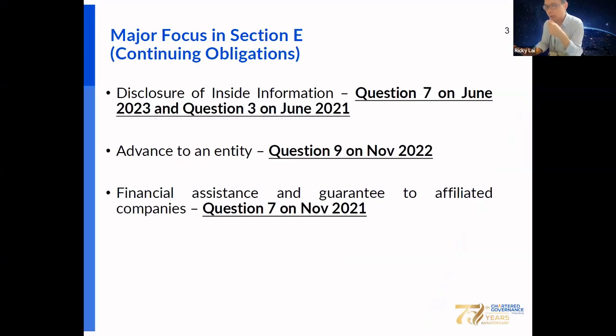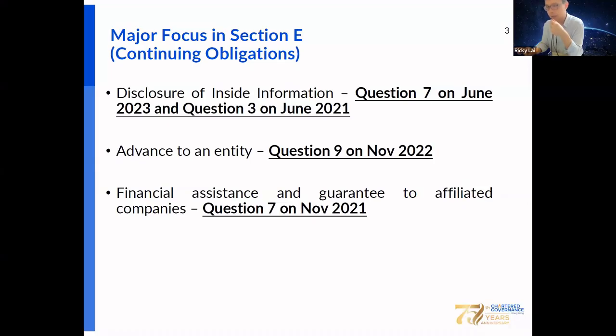There are 3 topics covered in Section E, including Chapter 13 of the listing rule, that is the continuing obligation of the listed company. From that topic, there are 3 major areas you should put more focus on, including inside information under the SFO and listing rule 13.09.